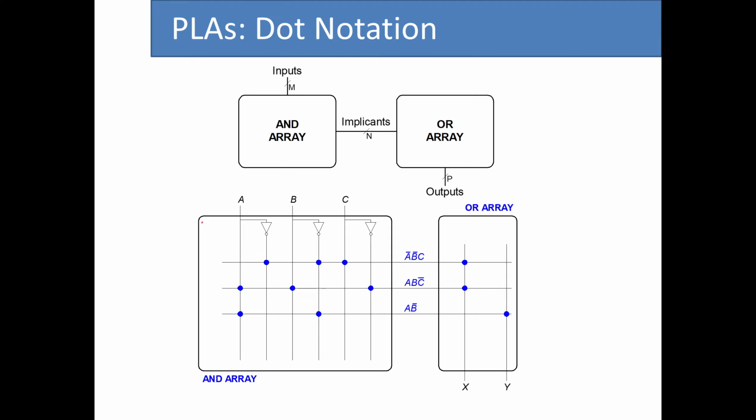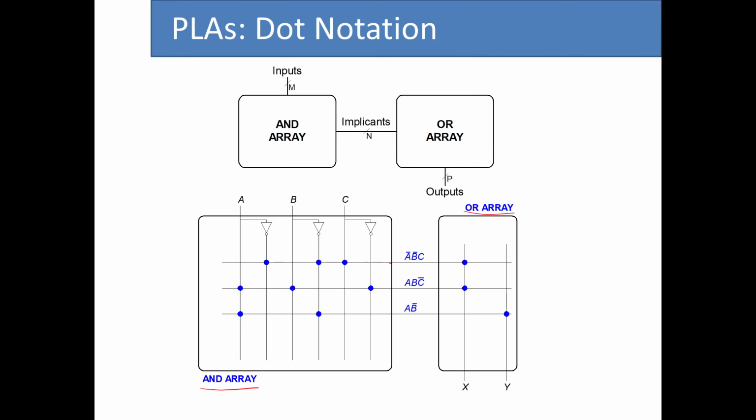Since we have an AND array and an OR array, and we specify it like this, we know that whenever for a horizontal line we have several dots, that means these dots are being combined using an AND gate.